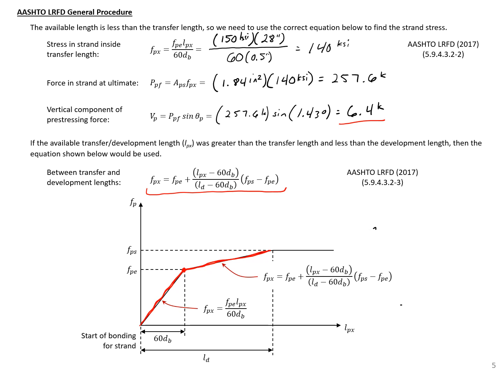So anyway, this is for that next zone here, for this next line. So that's how we find our development length, our transfer length, and our actual strand stress based on our available transfer development length.